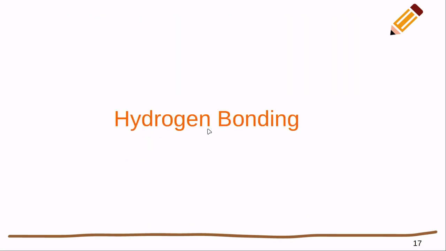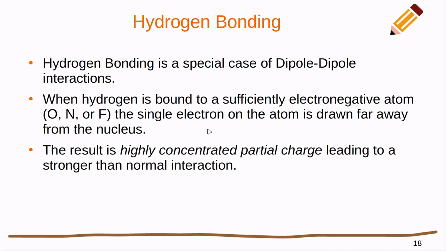Hydrogen bonding. So hydrogen bonding is a special case of dipole-dipole interactions. It occurs when hydrogen is bound to a sufficiently electronegative atom. And when I say that, I mean oxygen, nitrogen, or fluorine. The single electron on the atom is drawn far away from the nucleus.